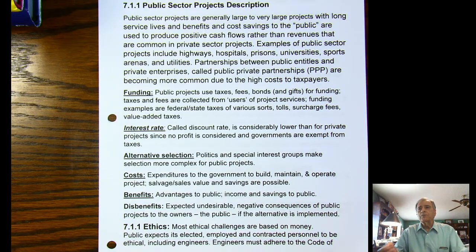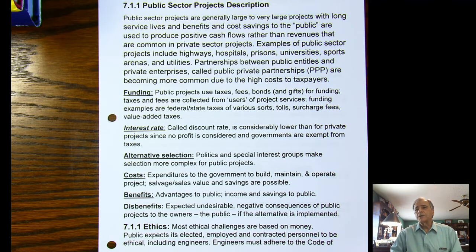For example, if you build a city park, the benefit accrues to the people who use the park, which are citizens of that city, generally speaking. And then there's disbenefits. So I very often talk about net benefits, which is benefits minus disbenefits. Disbenefits are undesirable consequences of maybe a public sector project.